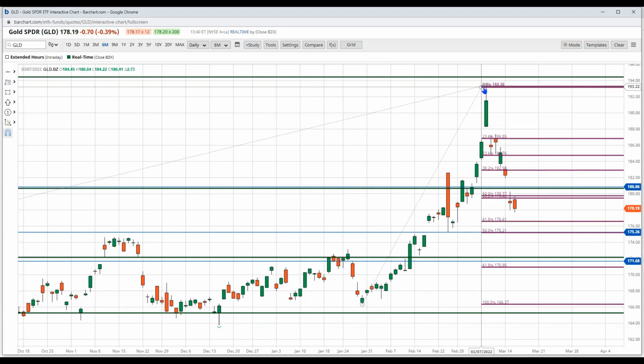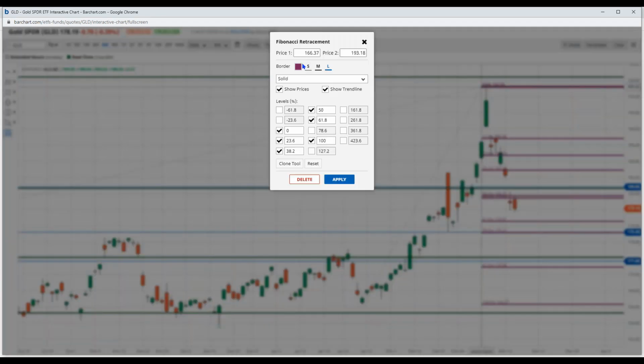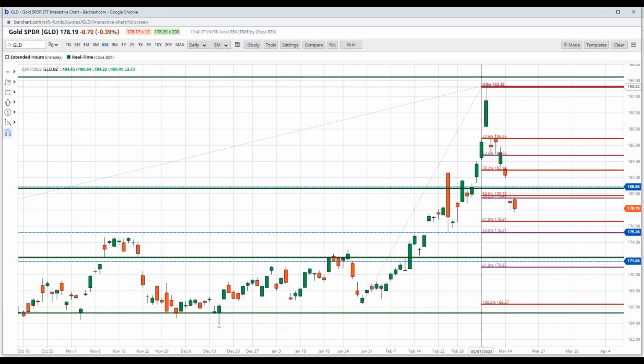And let me change this color so that we can see it. So now we have a cluster of Fibonacci's right around here. And we have another cluster just off of this low.